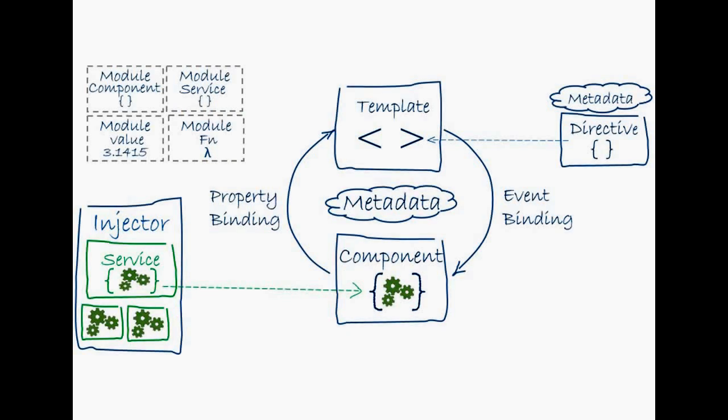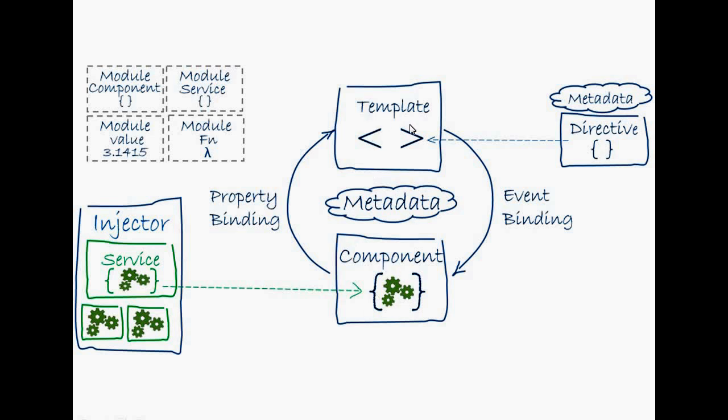This is the main part of our tutorial, which is the architecture of Angular 2: how its components, or building blocks, interact with each other. Our component has template metadata along with the component class. The metadata tells that this is the template for that class, and whatever classes or functions we write are the behavior of that template.